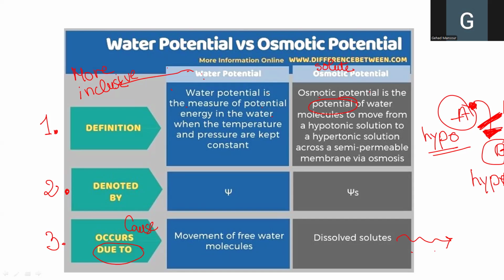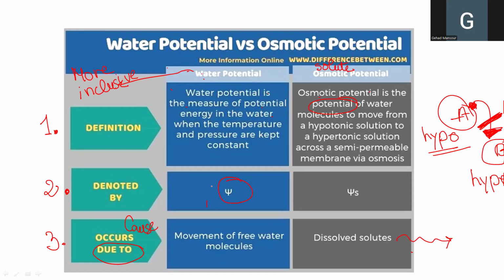But for water potential, it's a bit different. First of all, it's not denoted by psi S, but it is denoted by psi only. And if osmotic potential occurs due to the presence of the dissolved solutes, water potential occurs due to the movement of free water molecules.